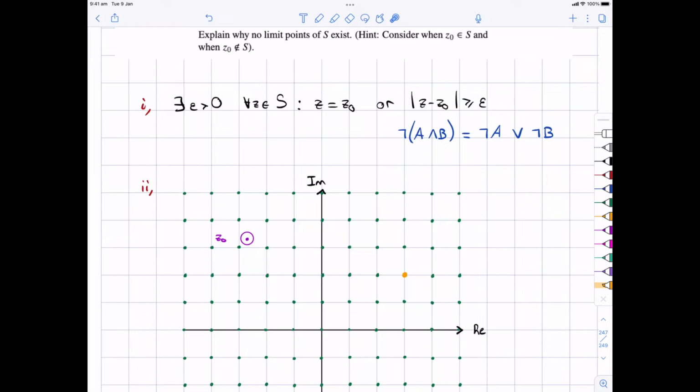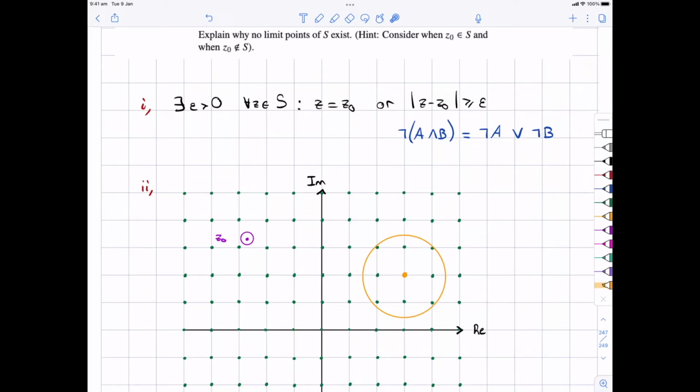Let me give you an example of a radius which would not be beneficial. If I draw my circle like that, let's think about what we've got here. We've got 1, 2, 3, 4, 5, 6, 7, 8, and 9 Gaussian integers within my circle.